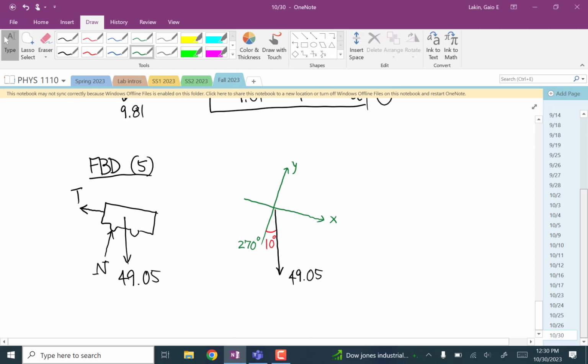In this case it's add, because remember you start at the positive x-axis, go counterclockwise, so you get to the 270, and then you have to keep going 10 more degrees to get to the vector. And so this is going to be 49.05 times the cosine of 280 degrees, and 49.05 times the sine of 280.